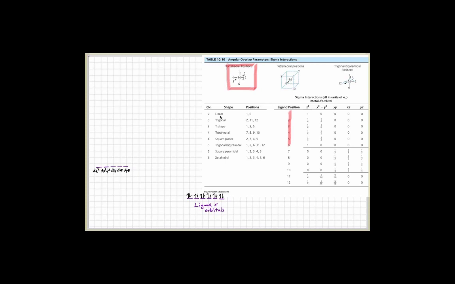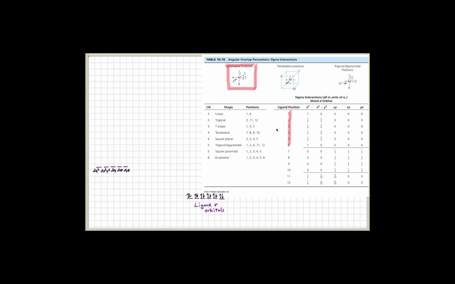For instance, linear has ligands at positions 1 and 6, trigonal at positions 2, 11, and 12, T-shaped at positions 1, 3, and 5, and we'll be able to use these positions for these particular shapes, and then this side of the table to determine the amount of overlap with the d orbitals at those particular positions.